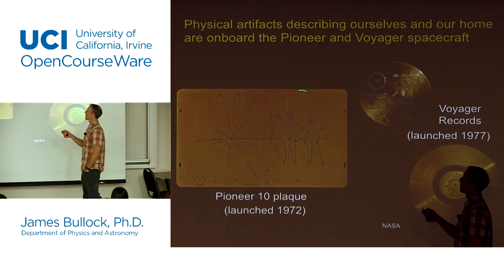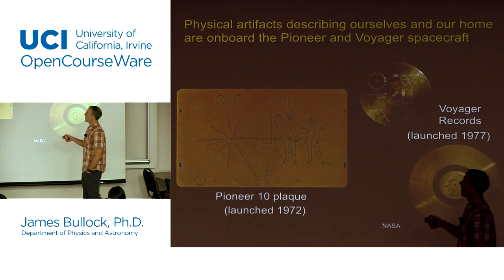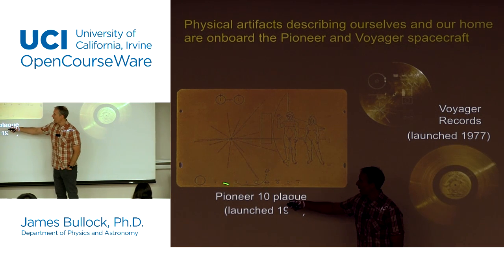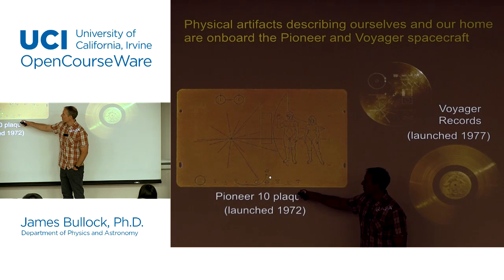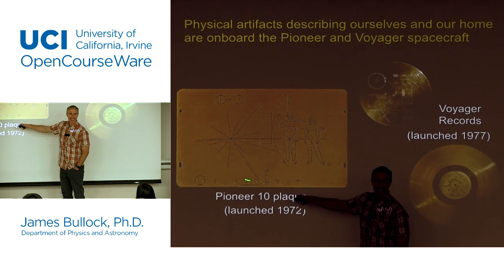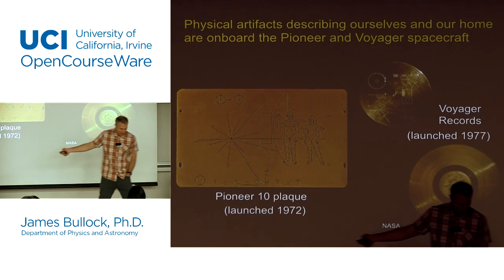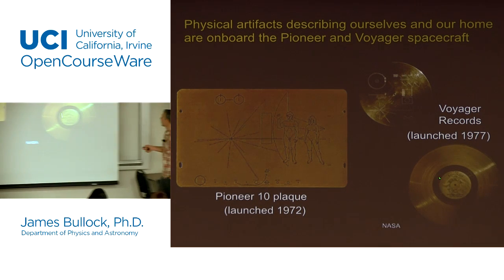So this is a couple of humans here. This is supposed to be a pictogram of we're the third planet from the sun. Here's the spacecraft that we've launched. It's just a very simple etching of what's going on here.